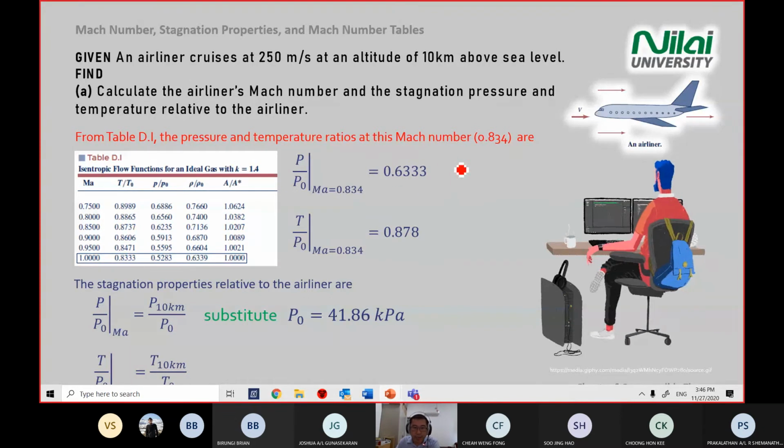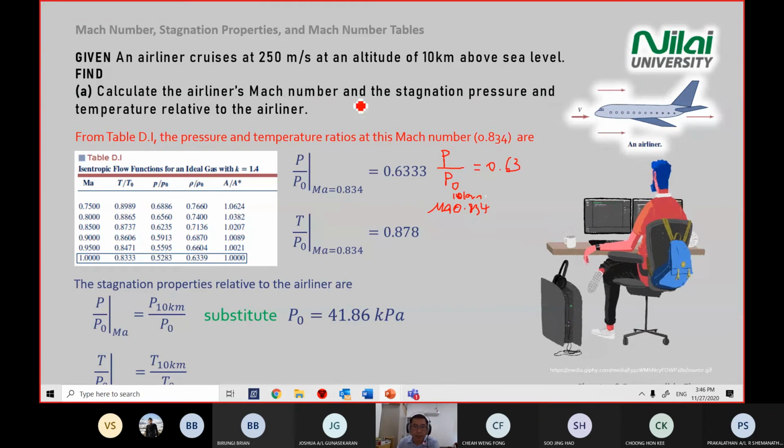For example, you get P divided by P0 at 10 kilometer, Mach number 0.834. This gives you 0.63.